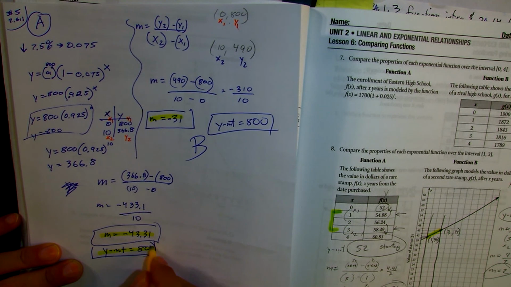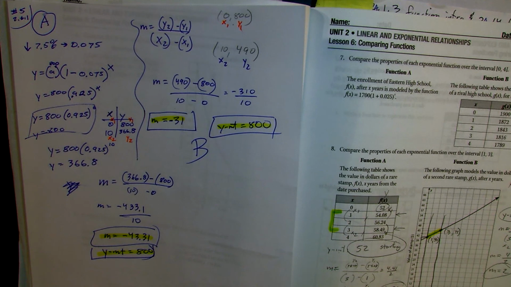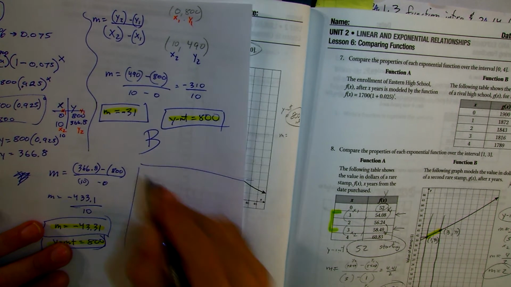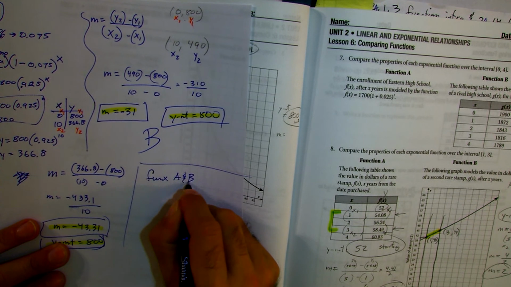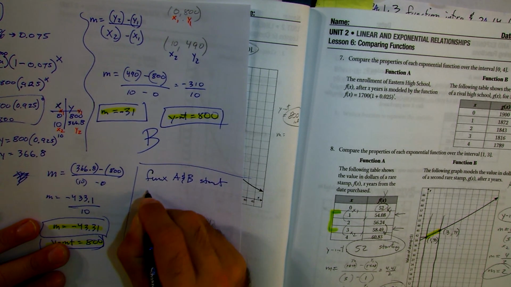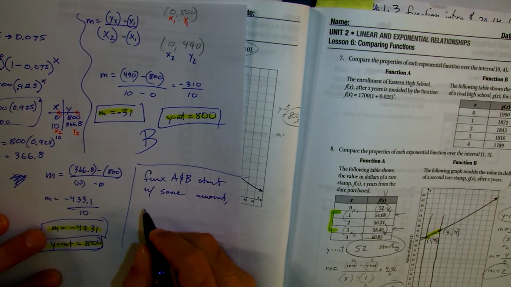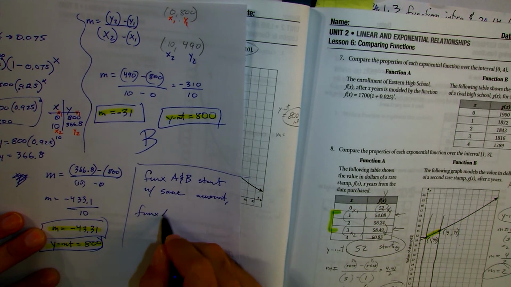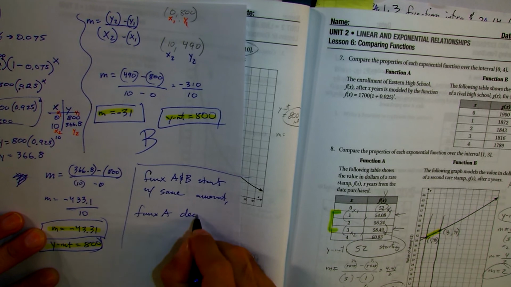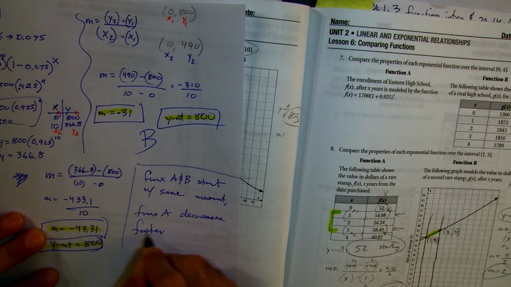So I would say, for my answer, function A and B start with the same amount. And then I'd say function A decreases faster. That's what I put.